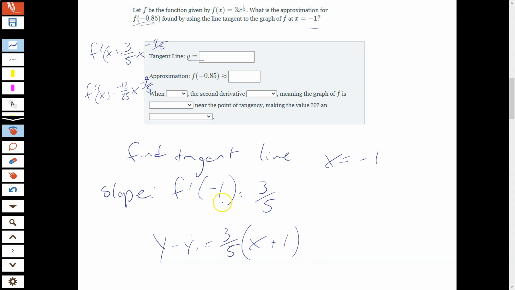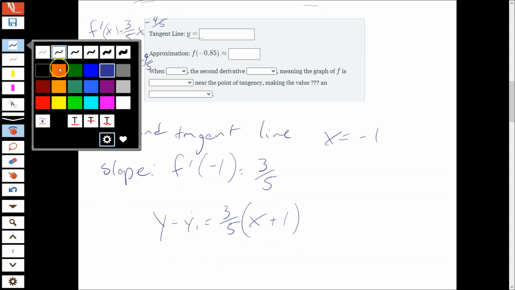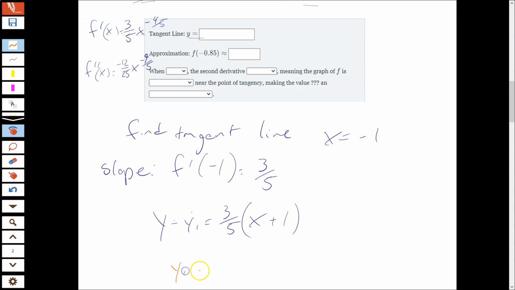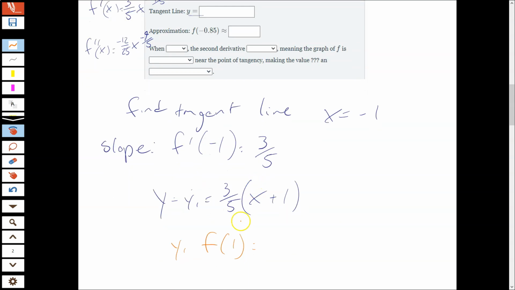And then we need my y1, right? So y1 is going to be f of -1. I'm going to plug that in. And looks like f of -1 is going to be -3. So my tangent line is going to be y minus -3 equals 3/5 times x plus 1.